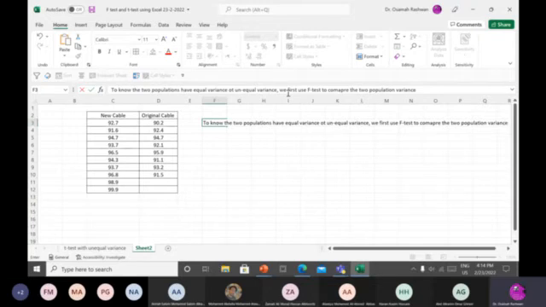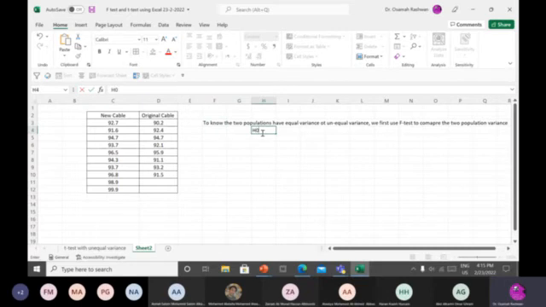For the F-test, the null hypothesis is that the two variances are equal. Sorry, there is an S over here.